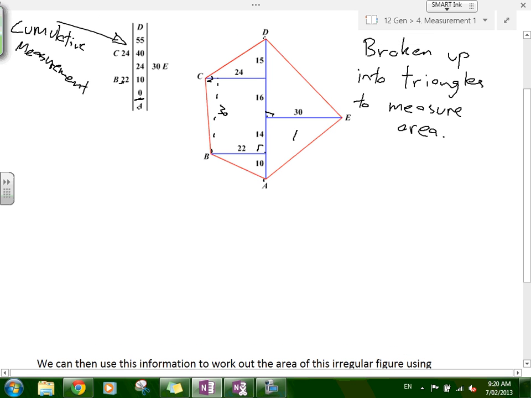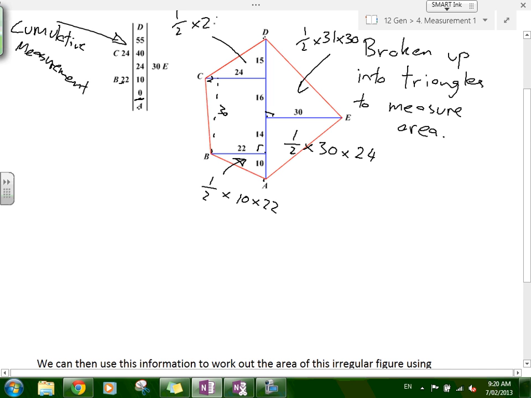This one here is half times 30 times this distance, which is 24. This one here is half times 10 times 22. This one here is half times 31 times 30. This one in here is half times 24 times 15. Okay.